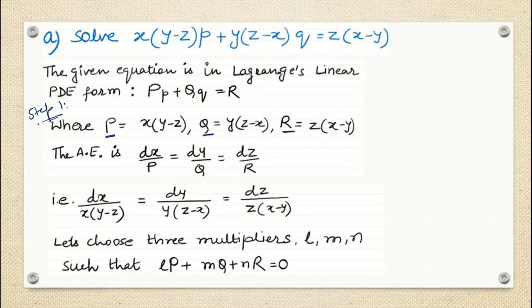Fine. Now this is step number 2. Remember? Step number 2 is actually a very important step, because this step is going to give us the idea of what our answer will be, right? Step number 2 starts with writing down the auxiliary equation of Lagrange's form. This is called Lagrange's auxiliary equation or Lagrange's subsidiary equation.